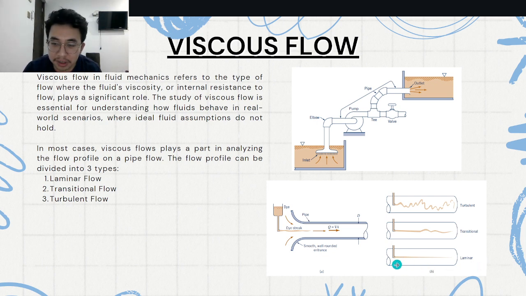As you can see, the flow in a pipe is so smooth that it is considered ideal. In transitional flow, there are a few bumps here and there. The flow is not that tidy, but it is close to tidy, somewhere in the middle. But in turbulent flow, it is very distorted.